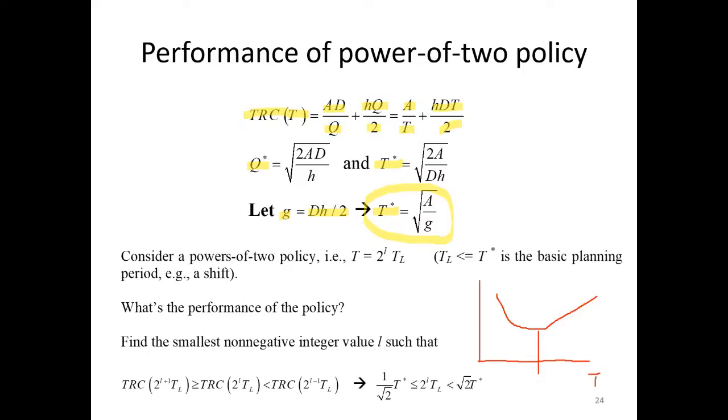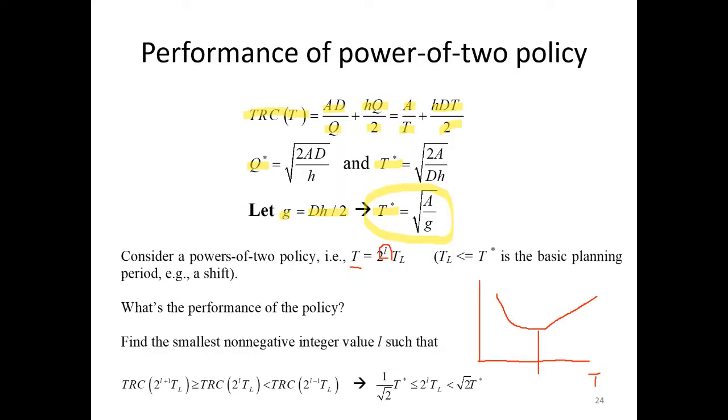Now, when we apply the power of 2 policy, this means for that specific item, I'm going to choose a value for L to substitute in this relationship. So I'm going to choose an ordering cycle T that's 2 to the power L times T sub L, the basic planning period.